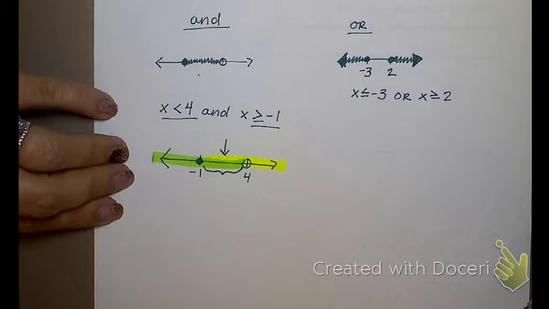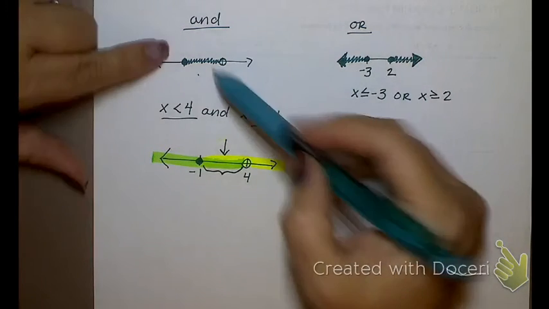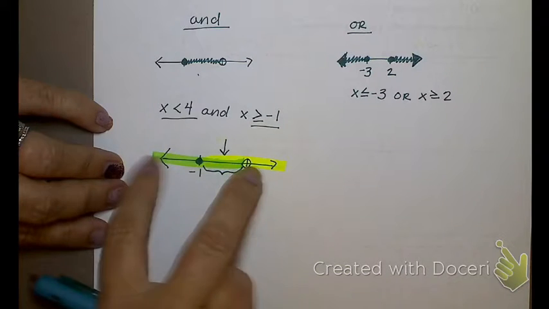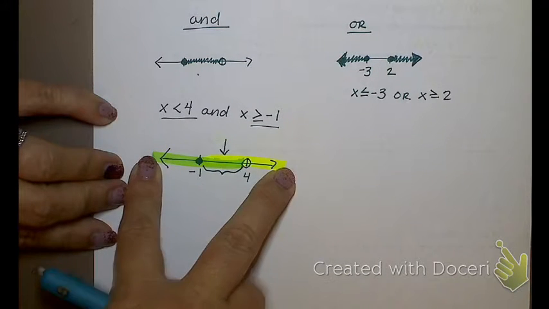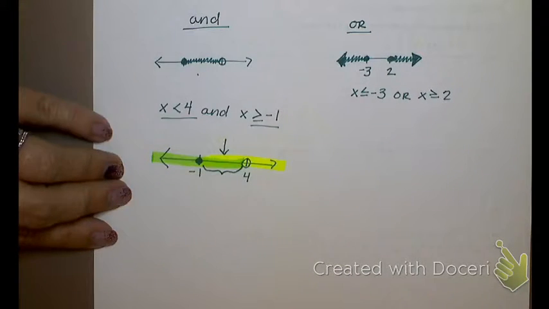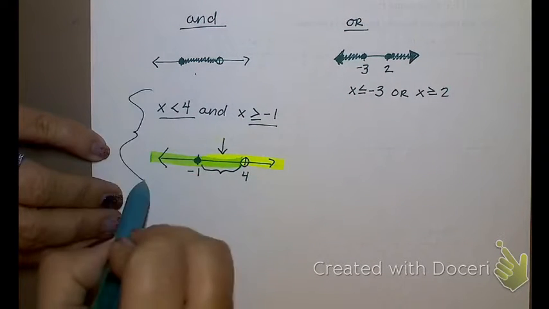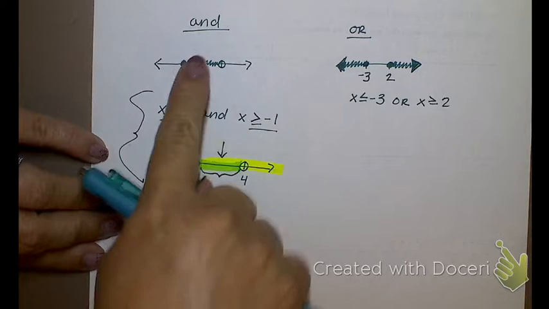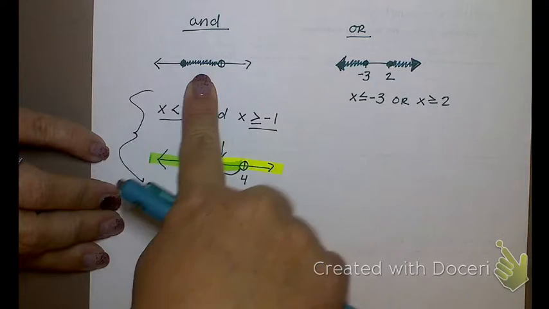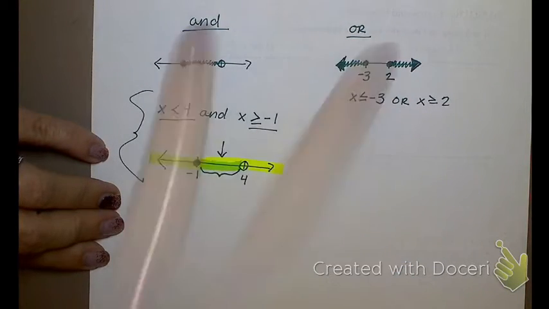It's two completely separate inequalities and they don't cross over each other. So the and part technically is the whole thing, but the overlap is really the part that we're looking for. Do we need to memorize this? No. If you can remember that and goes like that and or goes like that, that's the important part to remember.